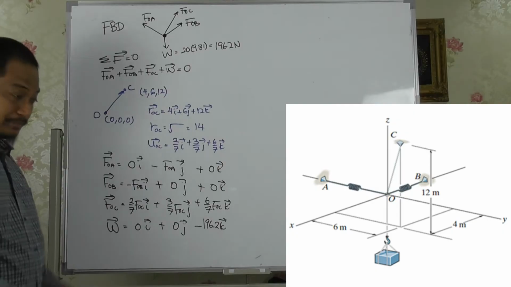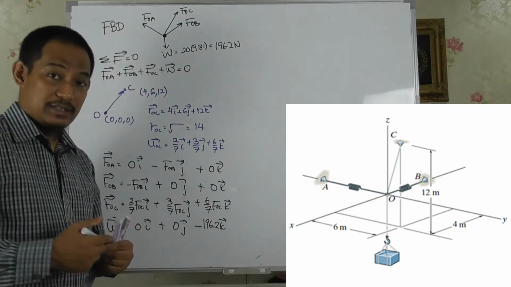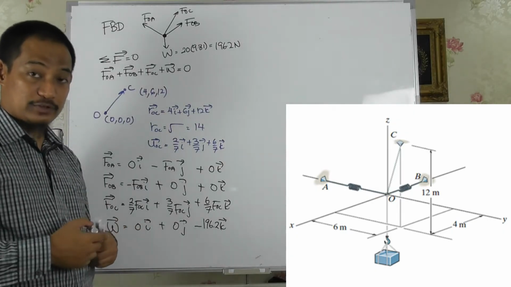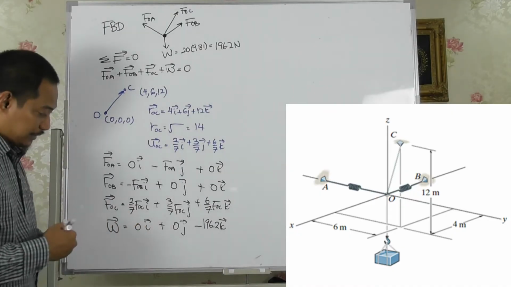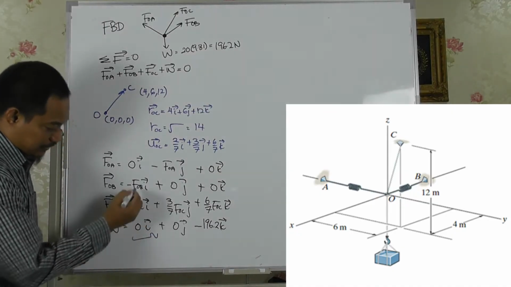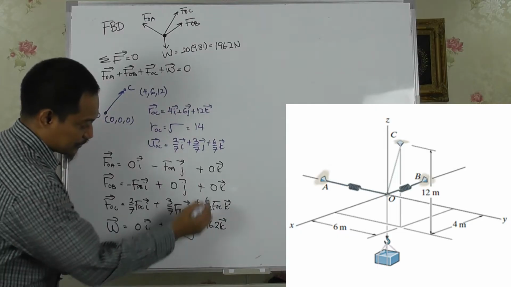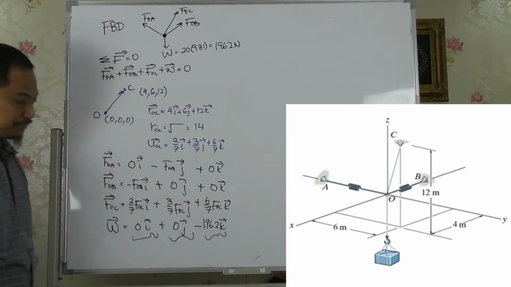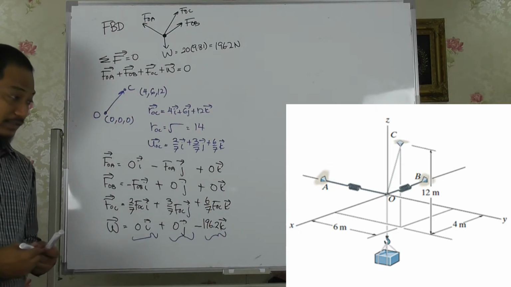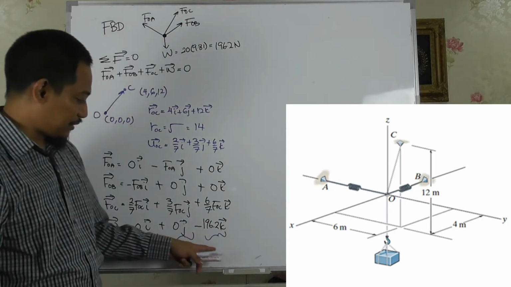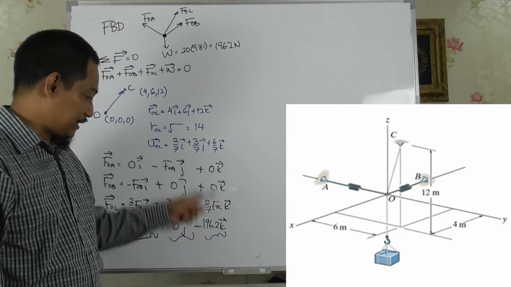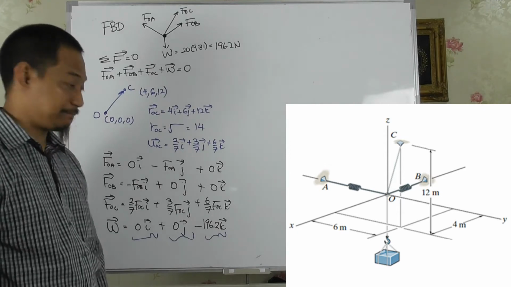Alright, so once again we have expressed every force in Cartesian vector form. So we can see that if you do the summation of Fx, you get this one, summation of Fy, you get this one, summation of Fz, you get this one. So from here you know where to start, right? Here you can see that I can solve summation of Fz first to get this FOC.